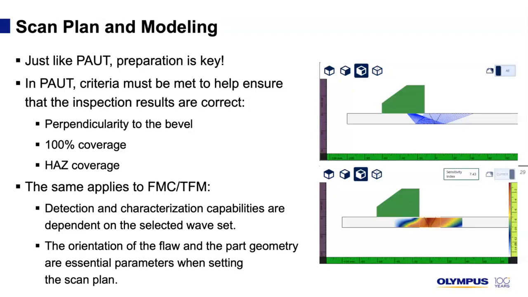Detection and characterization capabilities are heavily dependent on the selected waveset, and also the orientation of the flaw and the part geometry are essential to beam modelization when setting the scan plan. So if you do not plan it well enough ahead, you may entirely miss some defects.